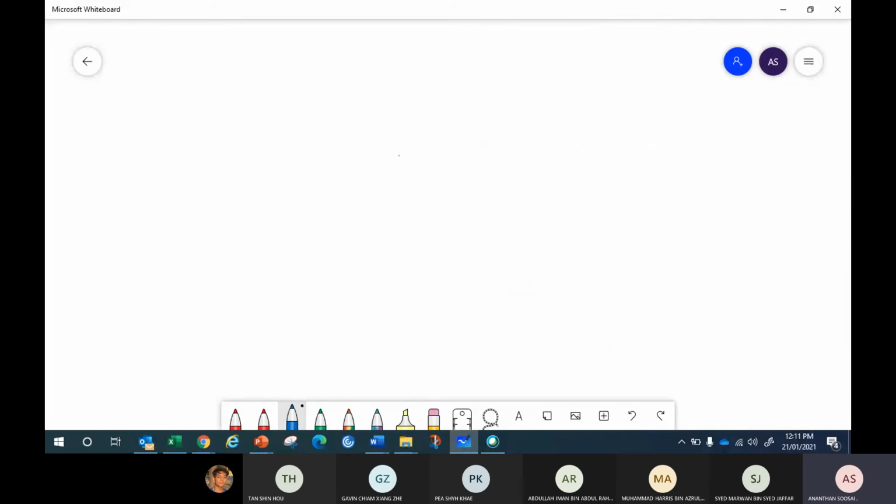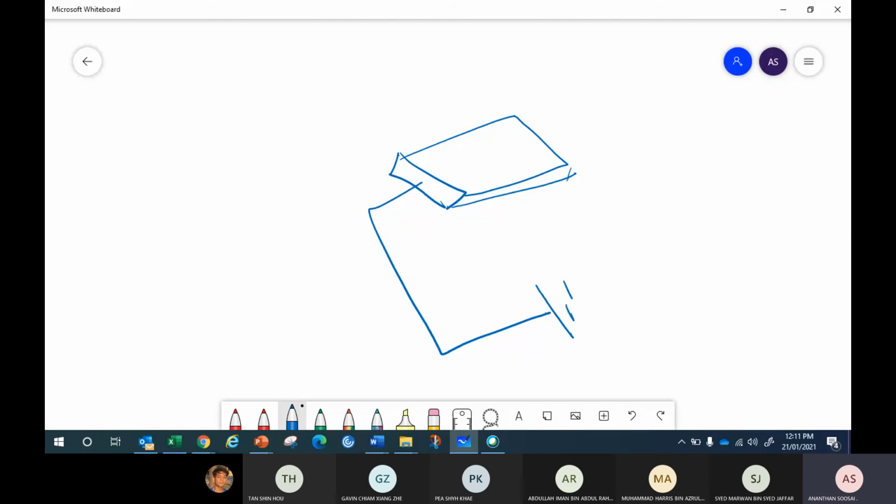Let's say you have a thin metal sheet that carries current.